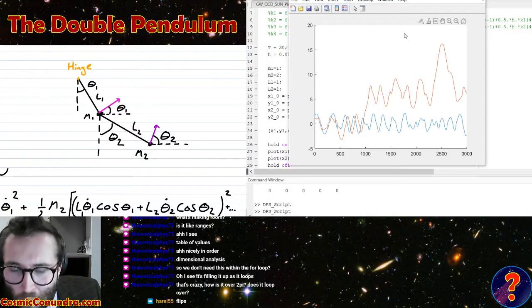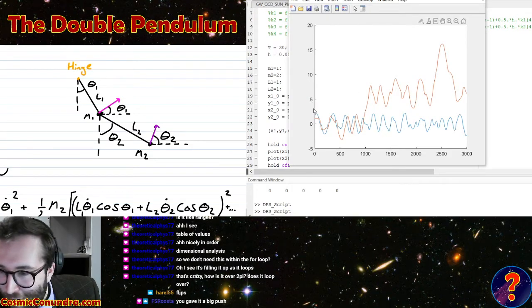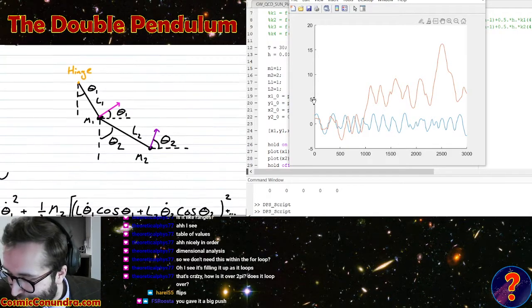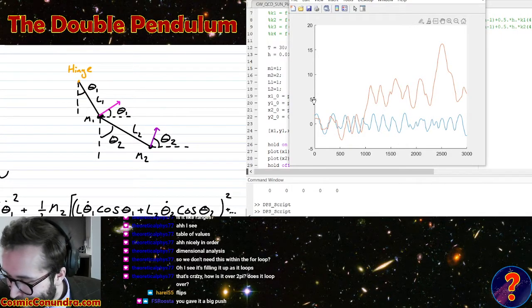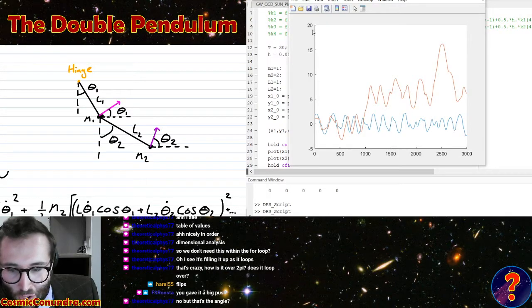Oh, as in, well, what I mean is, surely the maximum it should be is 2 above 0. Because, if you look at it, L1 is 1, L2 is 1. So surely the biggest it should be is 2. I don't know how it's getting an x2 that is larger than 2.